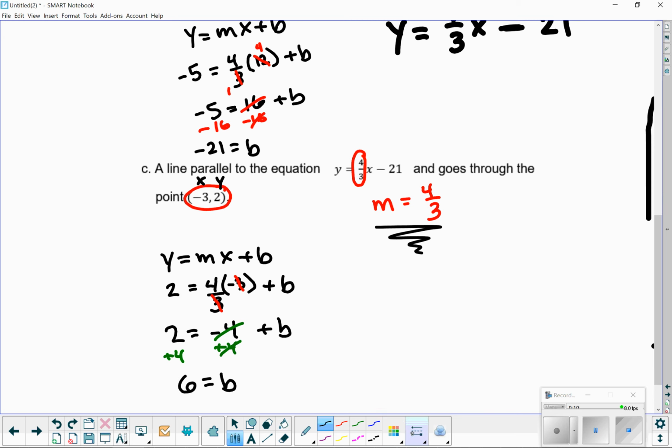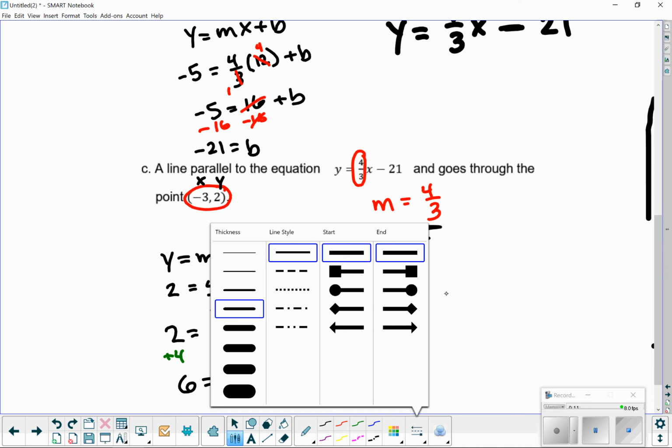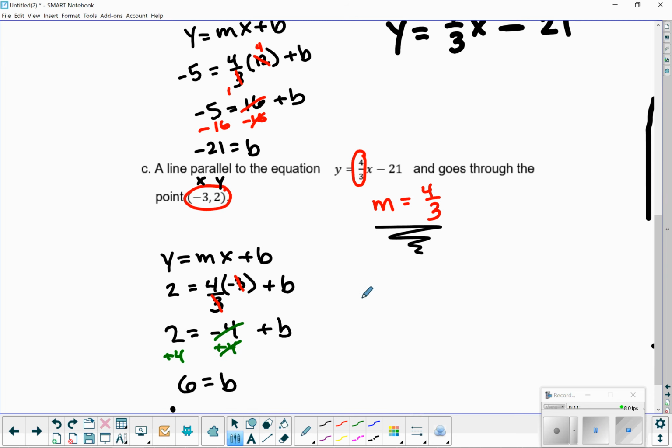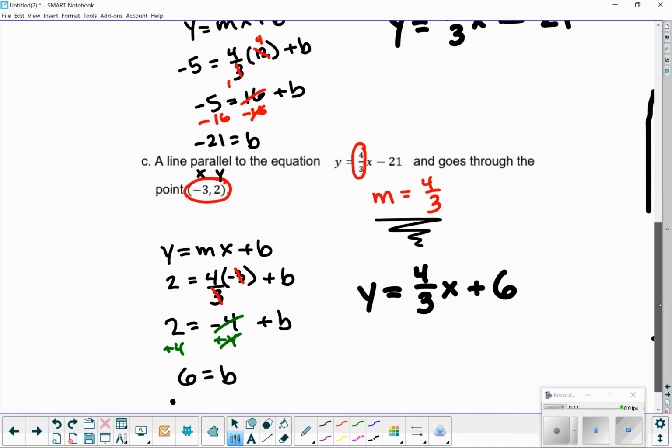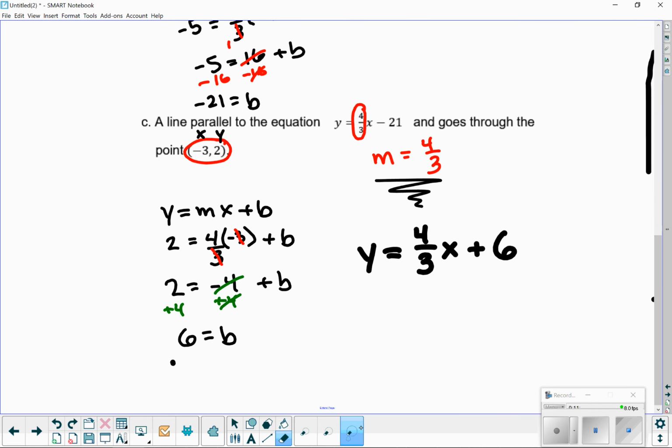So your equation, something like y equals m, which is 4/3, x plus b, which is 6. And that's your answer. Okay, that one you don't have to fix with plus or minuses because it's already a plus. Okay, all right, that's a wrap.